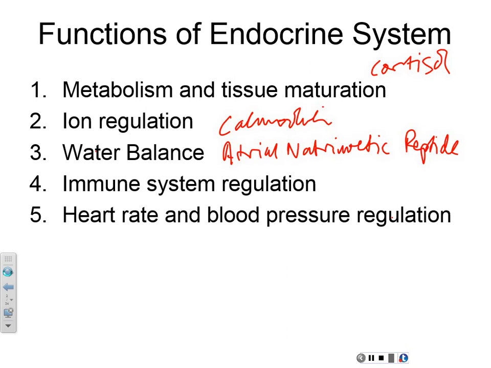Or it can decrease blood pressure by relaxing the smooth muscles in your blood vessels. So hormones can do that. They can either contract your blood vessel smooth muscles, or they can relax them to control the blood pressure.